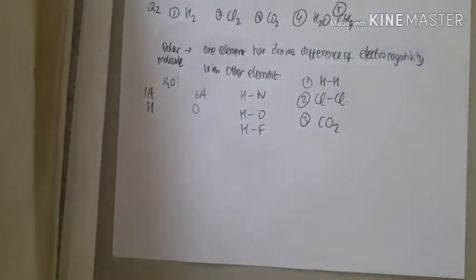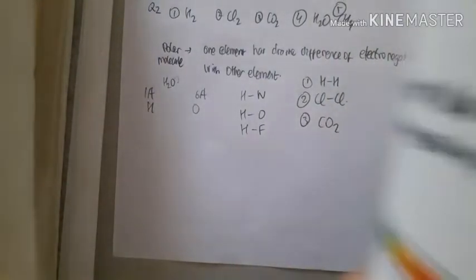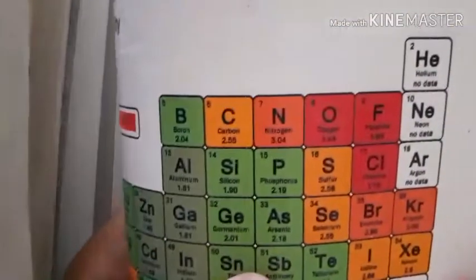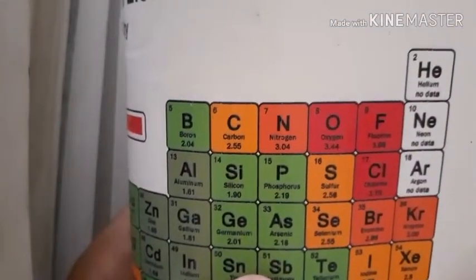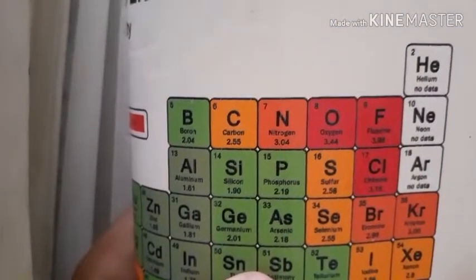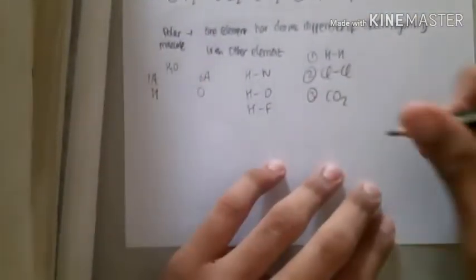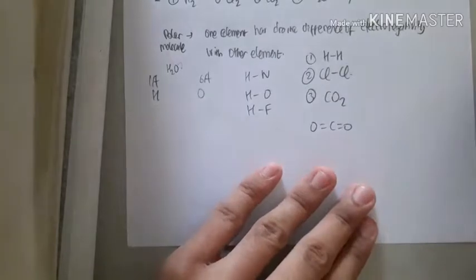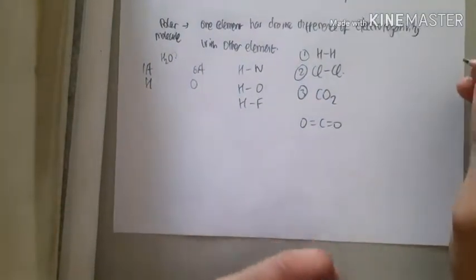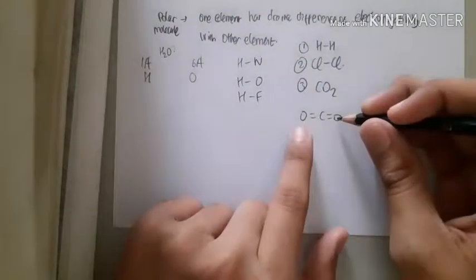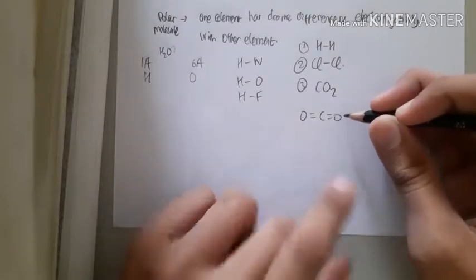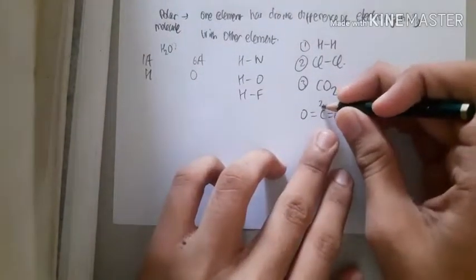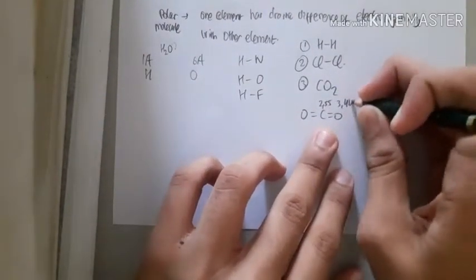And for option 3, you have CO2. Okay, you see that in this table, C has 2.55, right? And oxygen has 3.44. You might think that this is actually a polar molecule. Yes, but the big difference is it has 2 O's, right?